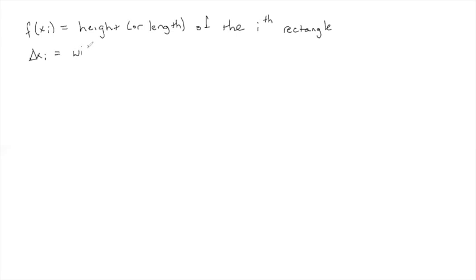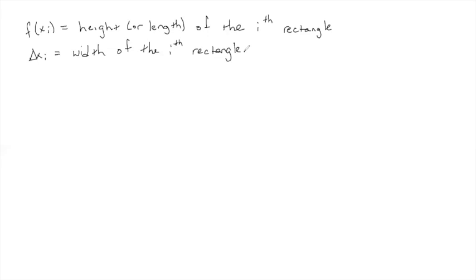So f of xi equals the height, or length, of the ith rectangle, whatever i is, first, second, third. And delta xi equals the width of the ith rectangle.